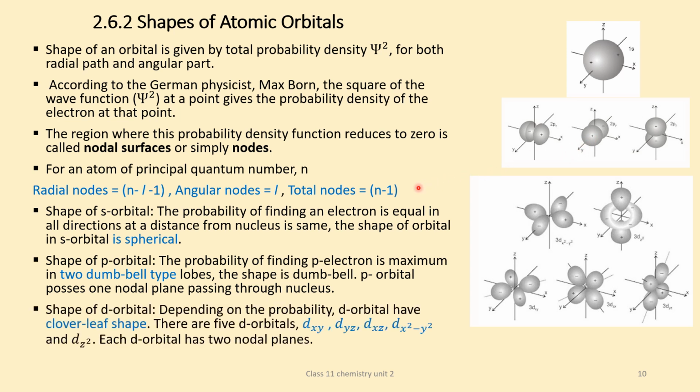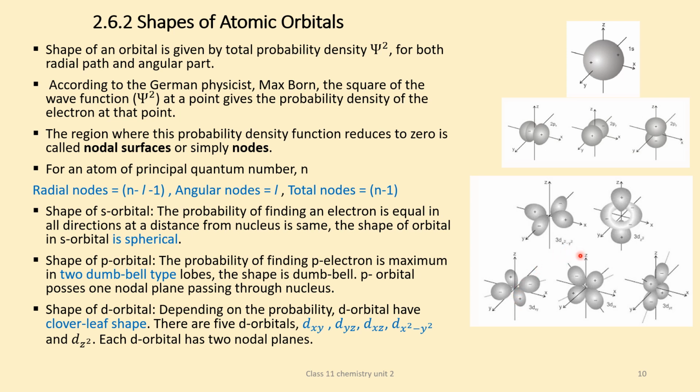Shape of the d orbital. This is the d orbital shown here. Depending on the probability, d orbitals have a clover leaf like shape. There are 5 orbitals.